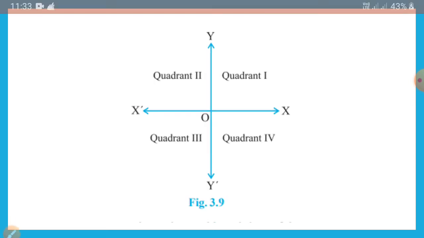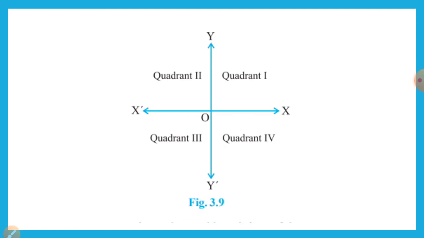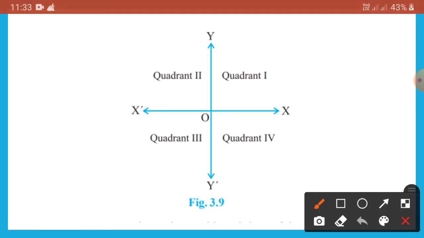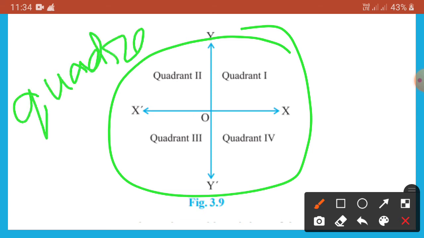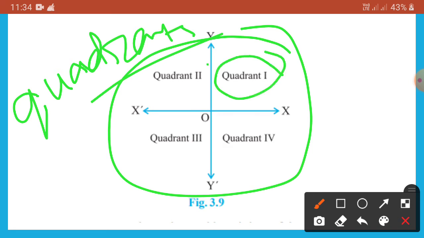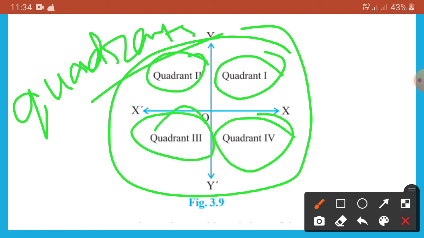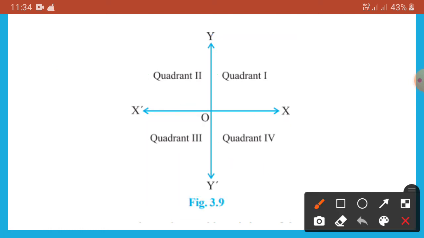You observe that the axes divide the plane into 4 parts. These 4 parts are called quadrants, Q-U-A-D-R-A-N-T-S. They are numbered 1, 2, 3 and 4, going anti-clockwise from the OX axis.